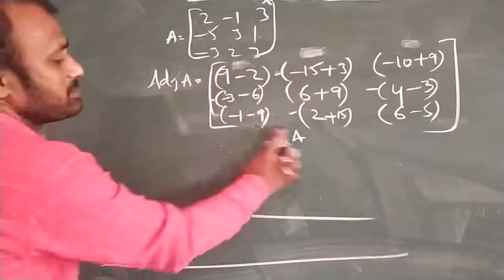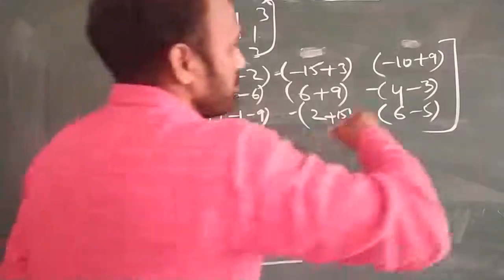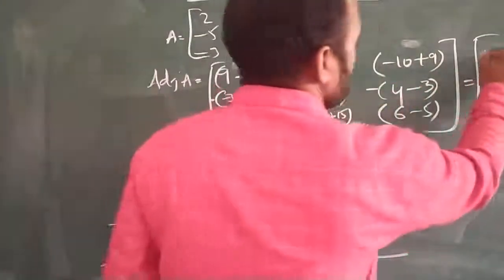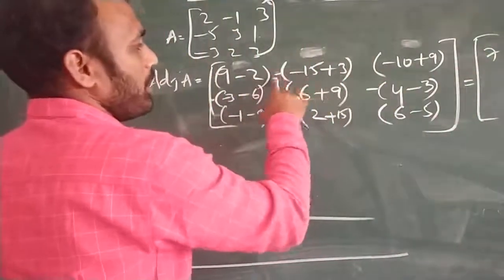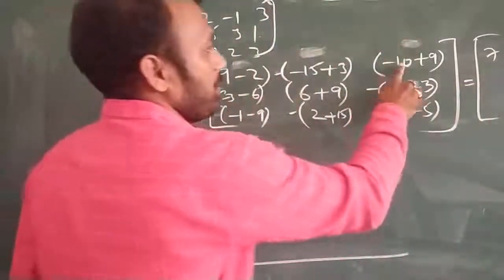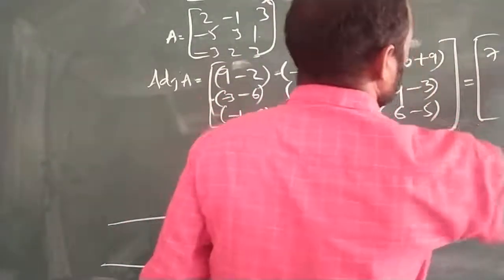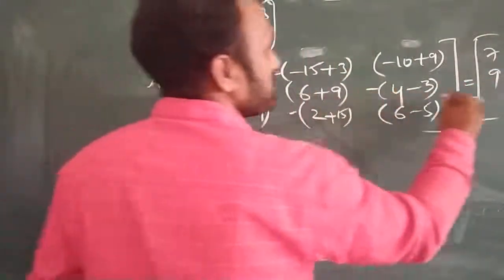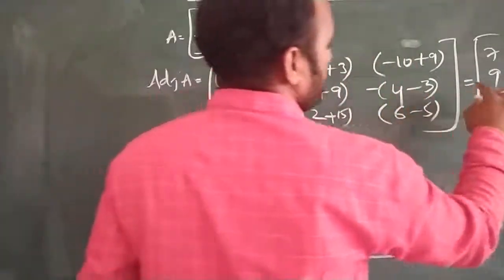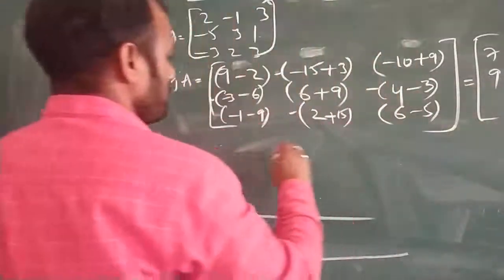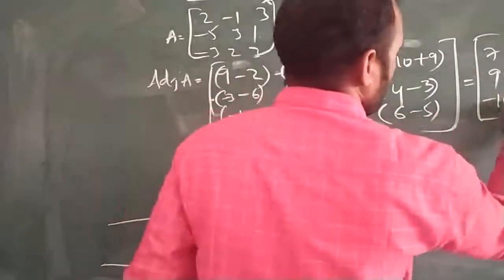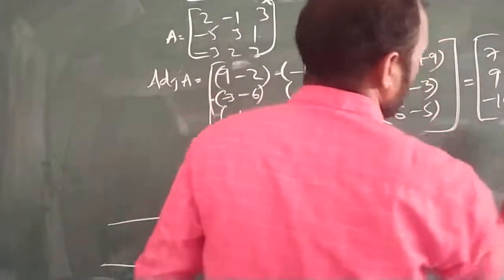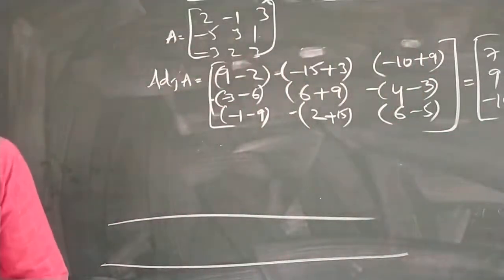Now let us see what the adjoint matrix is: 9 minus 2 is 7, minus 12 becomes plus 12, minus 10 plus 9 is minus 1, minus 3 minus 6 minus 9 becomes plus 9, 6 plus 9 is 15, and then minus 1, minus 10, 2 plus 15 is 17, minus 17, and 6 minus 5 is 1. So this is the adjoint matrix.